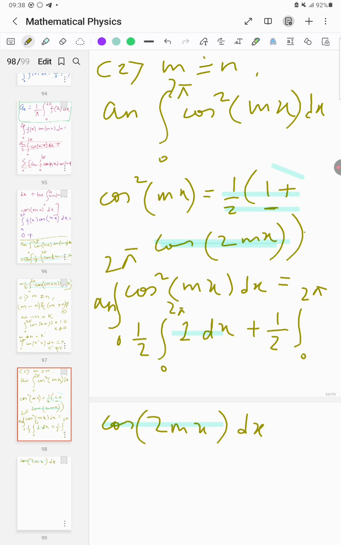This integration 0 to 2 pi of 1 dx gives us nothing but half x from 0 to 2 pi, because integration of dx gives us x, right?